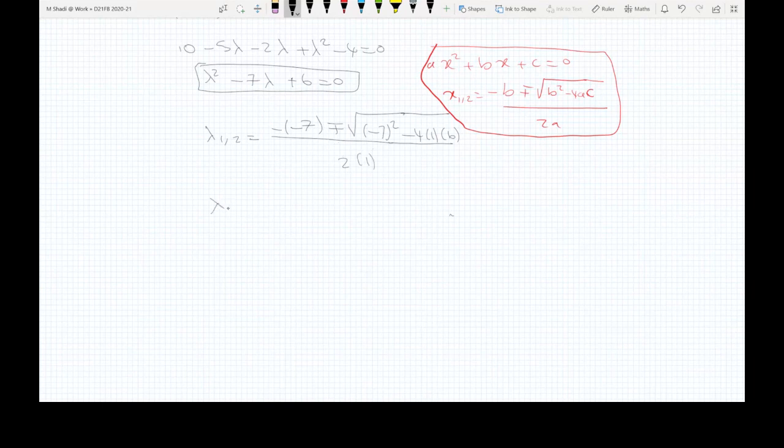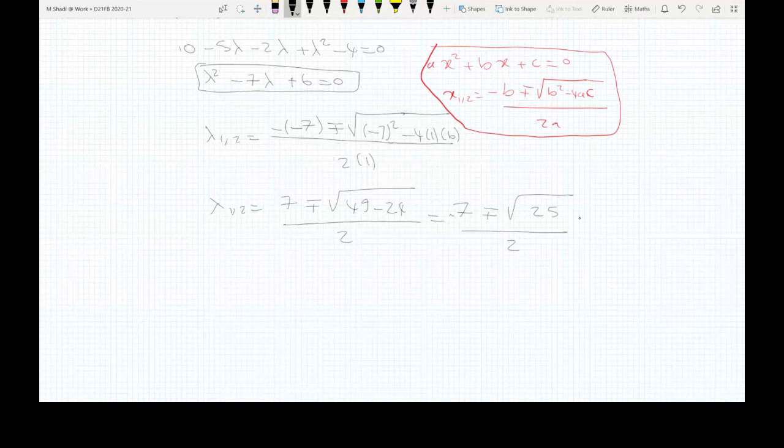So I just simplify this. Lambda 1 or 2 are equal to 7 plus minus the square root of, this is 49, 4 multiplied with 6, this is minus 24, divided by 2, and this is equal to 7 plus minus the square root of 49 minus 24, this is 25, divided by 2, or it is equal to 7 plus minus 5 divided by 2.